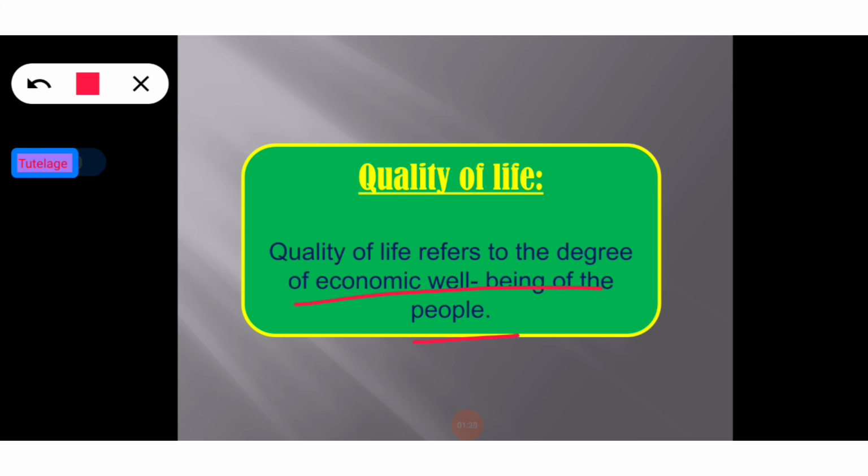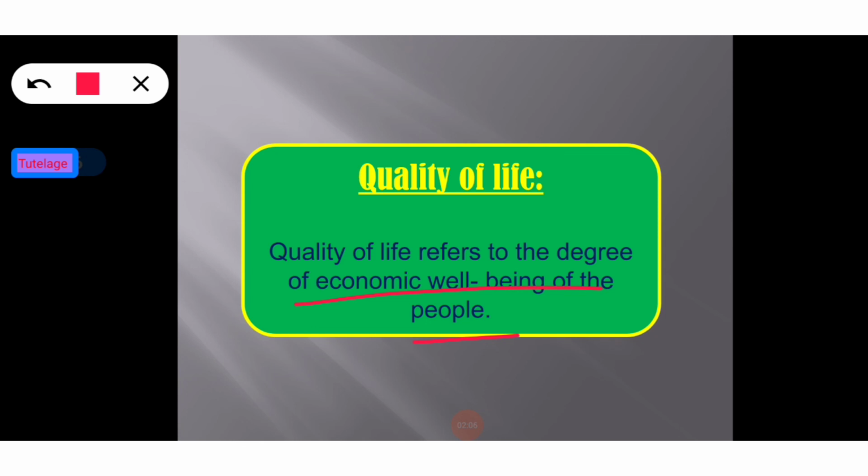So it will help monitor progress in achieving the nation's health objectives. According to the World Health Organization, quality of life is defined as an individual's perception of their position in life in the context of the culture, values and systems in which they live, and in relation to their goals, expectations, standards and concerns. I think the actual meaning of quality of life is clear to everyone.